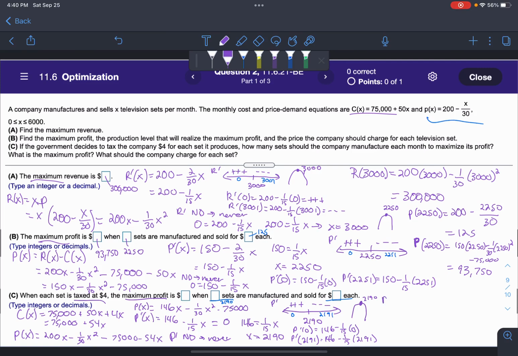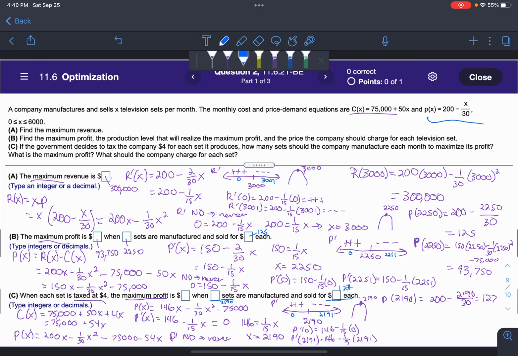So let's find the price demand when it is 2190. So if we plug that in, 200 minus 2190 over 30, this will give me 127, so this is the price per set. So 2190 or 127, sorry.